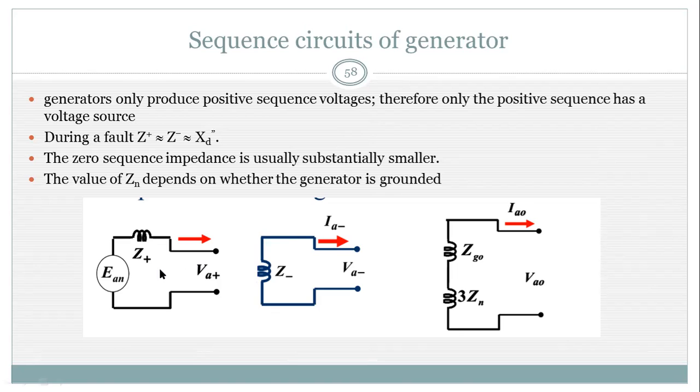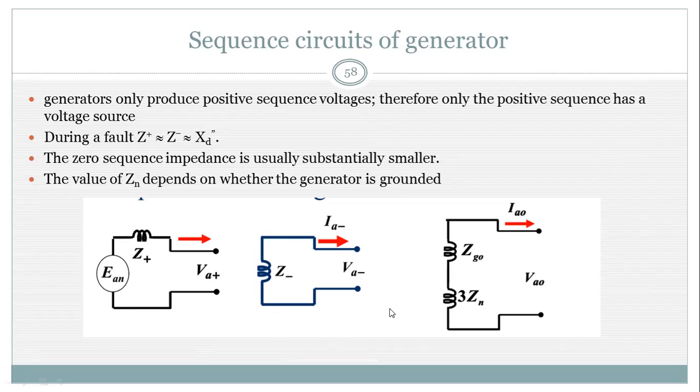That's why for the positive sequence network, this is the electromotive force or generated EMF symbol, Eg. Only this electromotive force is placed here. And this is the positive sequence impedance, and this is the positive sequence terminal voltage.